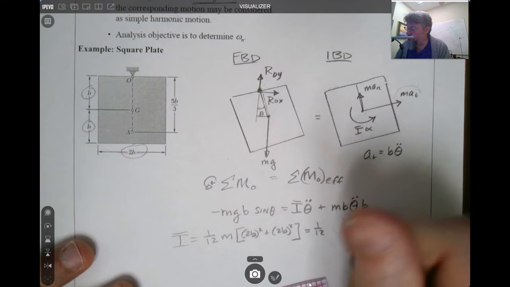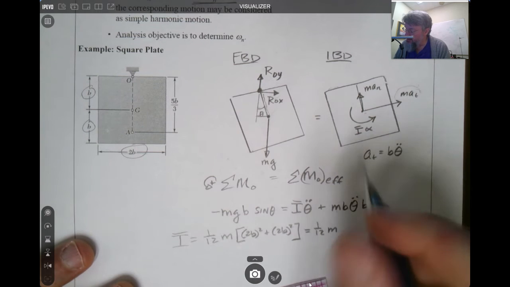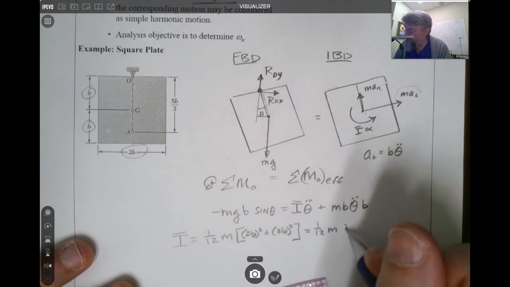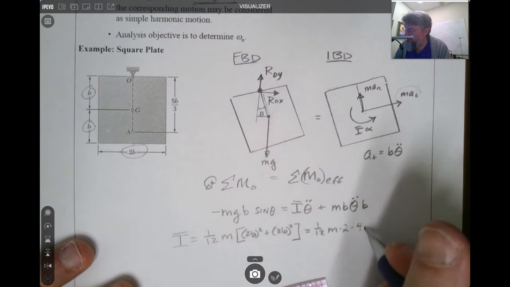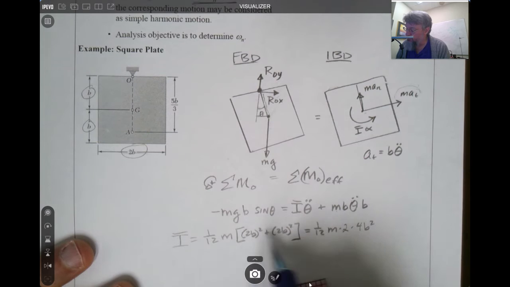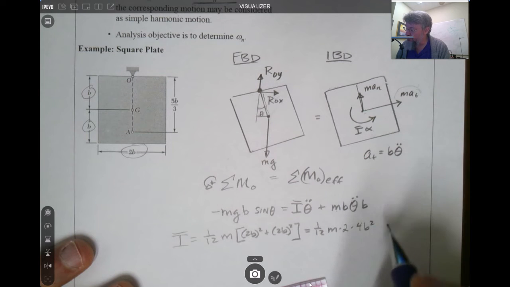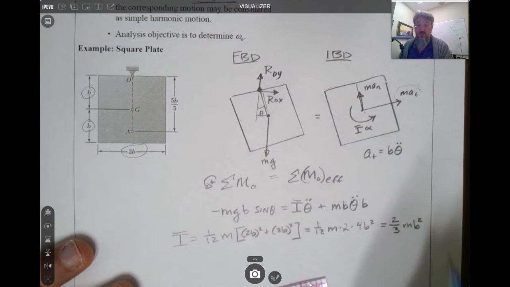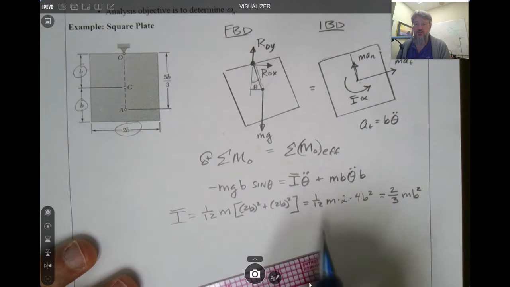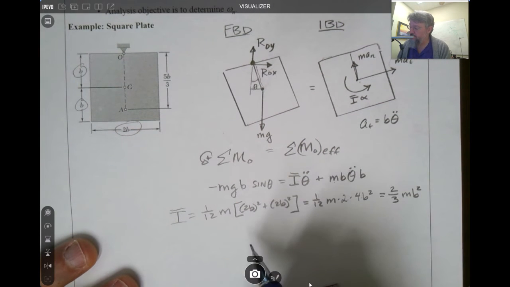And so let's see, that ends up being 2 times 4b squared, right? Because (2b) squared would be 4b squared, and there are 2 of them right there. So what we're left with is 2/3, right? Because that 4 turns that into 1/3, but we multiply by 2. m b squared is the moment of inertia in terms of the variables here.